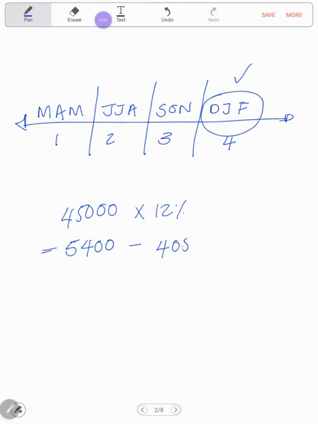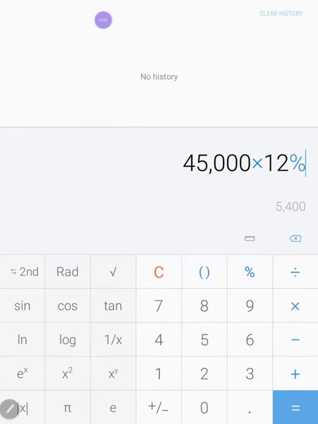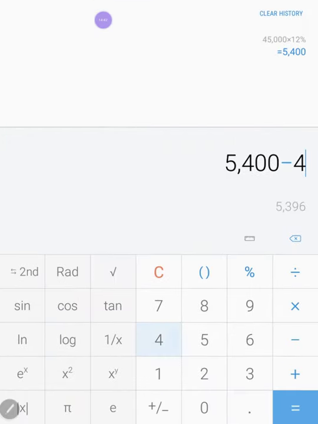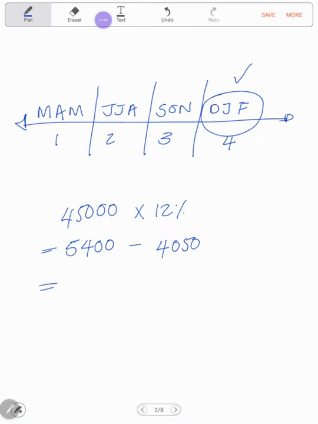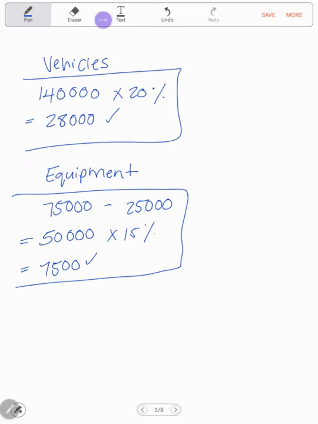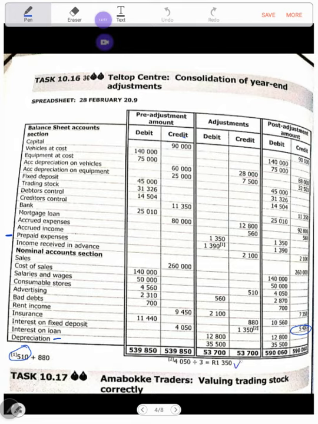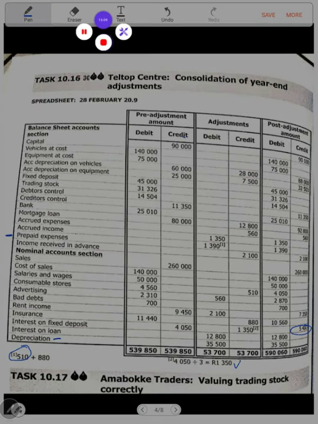So I can subtract 4,050, and in essence 5,400 minus 4,050, and I get 1,350, which is over here. That interest has not yet been paid, I have to take it into account because it's interest that falls in my financial period. All right, so let's move on to our next adjustment.